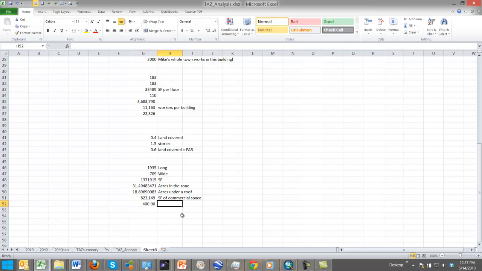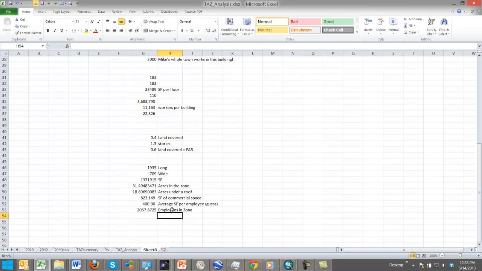I'm going to say 400 is average SF per employee, and I'm going to call it a guess, because otherwise when I hand this off to somebody else, they're going to say, what does the 400 mean? And they won't know. So don't put magic numbers into your spreadsheets. Explain them always. So that means now that I think I've got 2,000 employees in the zone in 2010.